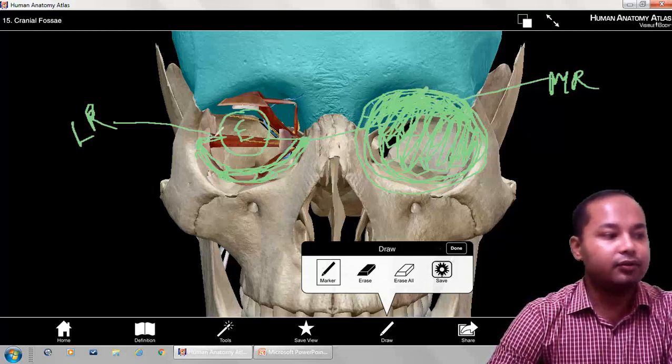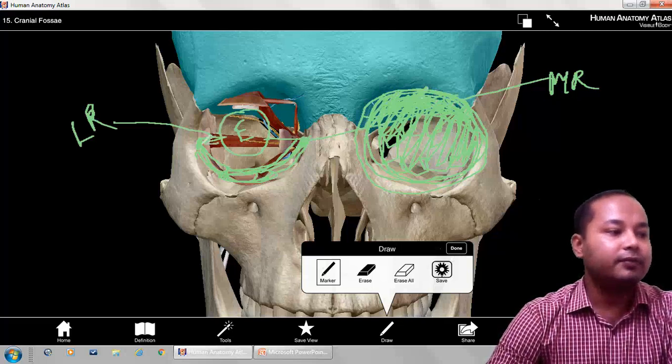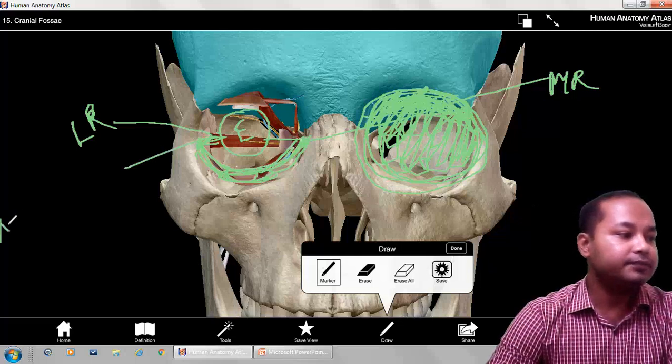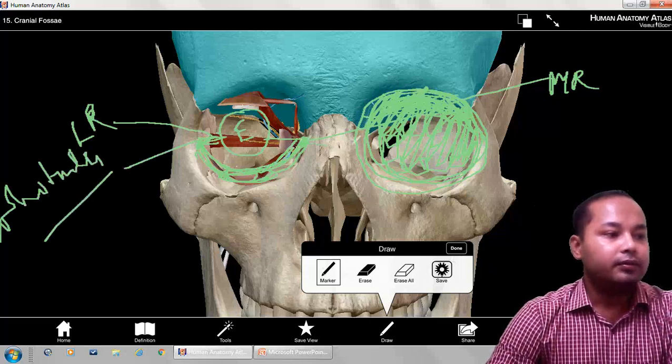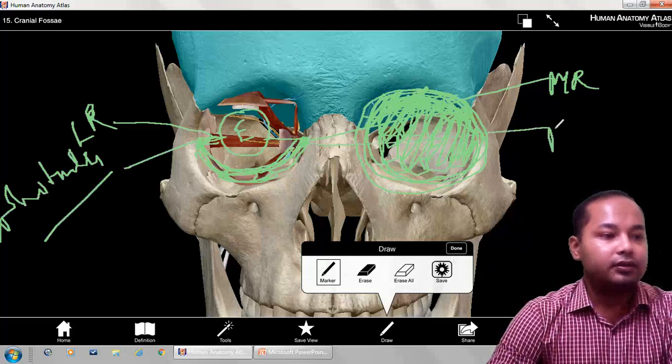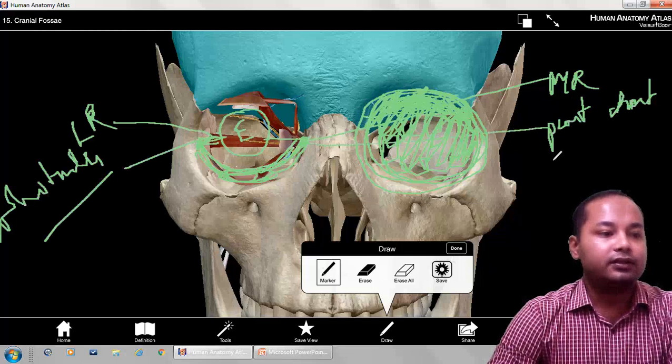at the equator and the sclerocorneal junction. It will be providing ligamentous attachment to the Whitnall's tubercle. This is the Whitnall's tubercle, and also to the posterior crest or posterior groove of the lacrimal bone.